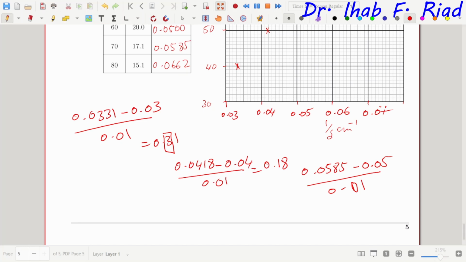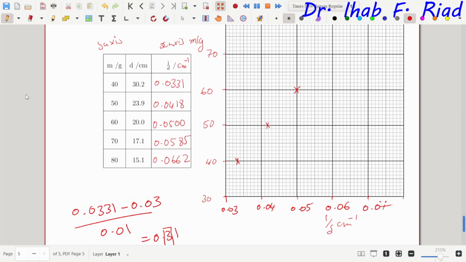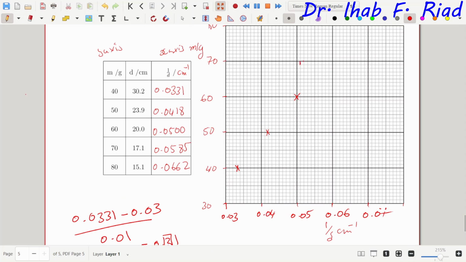It is 0.85. Okay, so we start counting. This is 1, 2, 3, 4, 5, 6, 7, 8, 9. So it is in between 8 and 9.